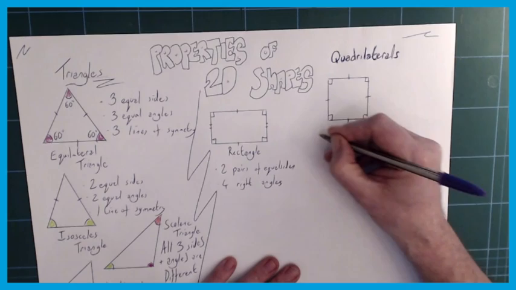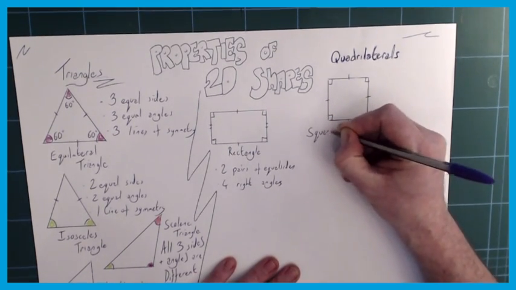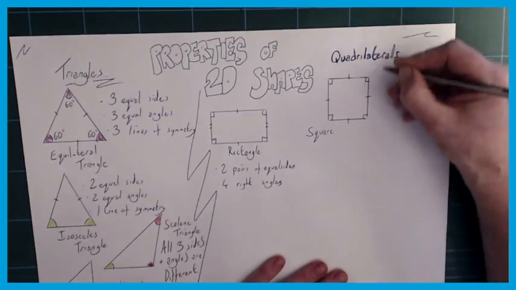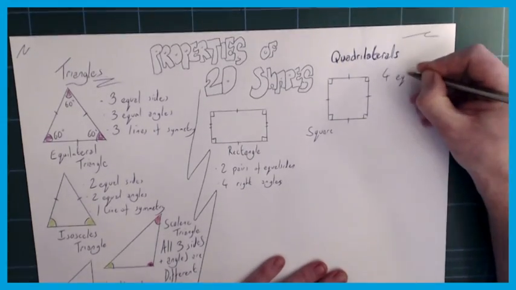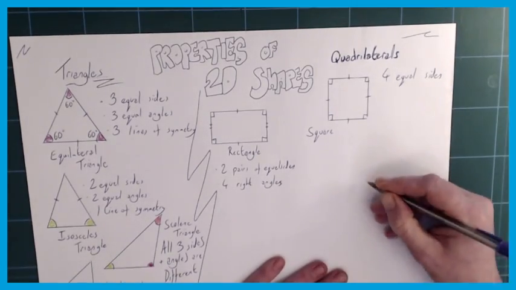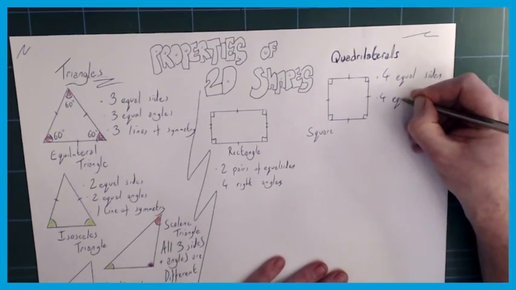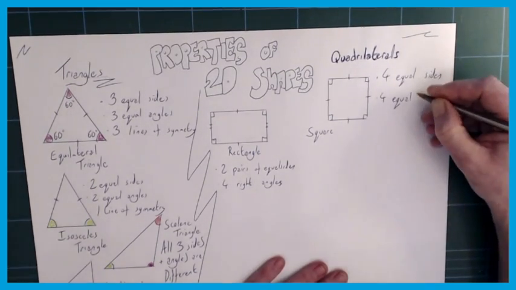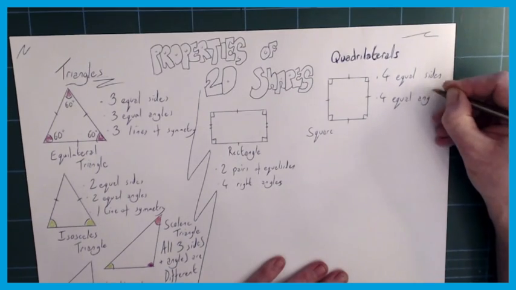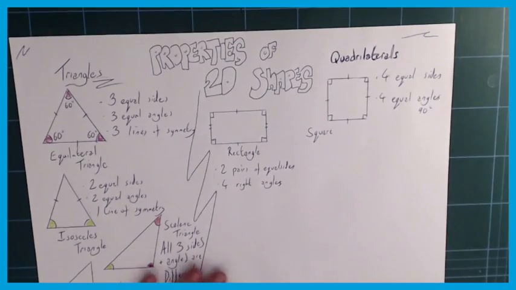And this special rectangle is called a square. It has 4 equal sides and 4 equal angles of 90 degrees. So 4 right angles on there.